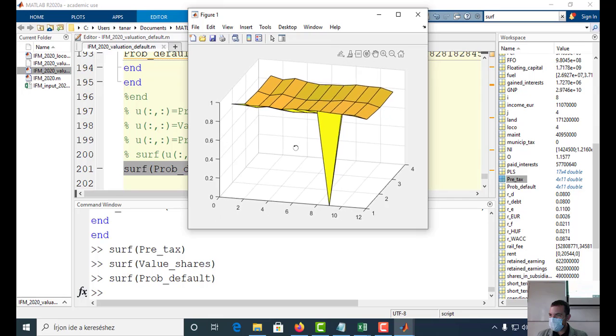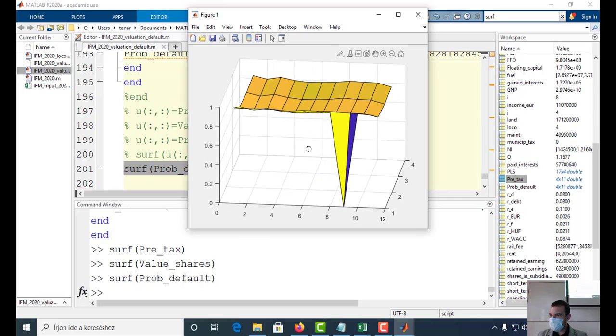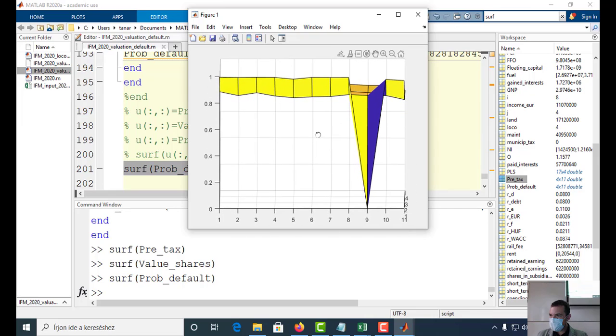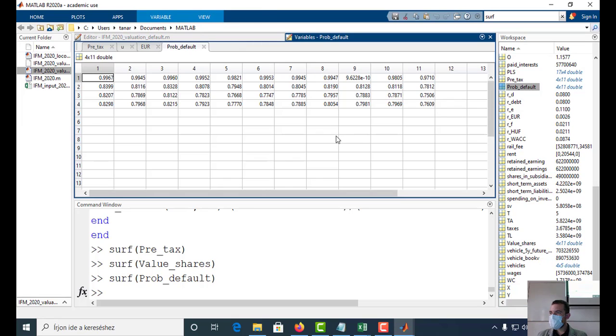Okay, a really strange thing happens there with the first locomotive. Maybe there was some sort of overflow. I don't know what happened here with 9. What happened there? Probability of default. Yeah.